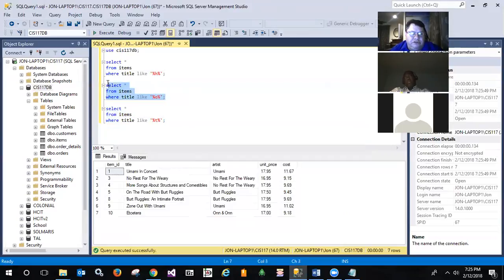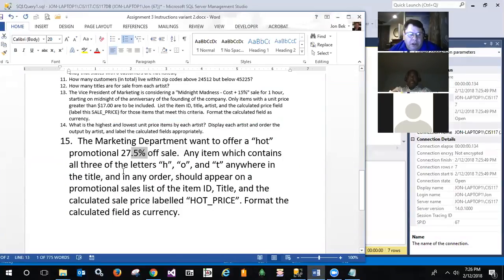No. Does this care where the O shows up? No. Does this care where the H shows up? No. Now, look at my problem statement. Do I have to have all three, H and O and T? No. So careful there, Casey, if it only has H, is that okay? Any item which contains, oh, all three of the letters.